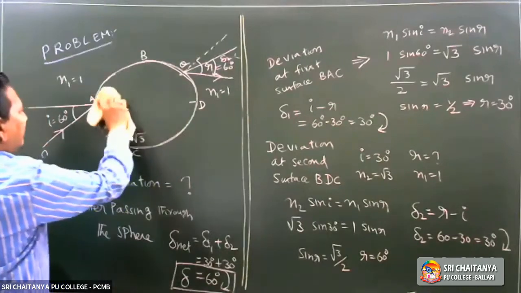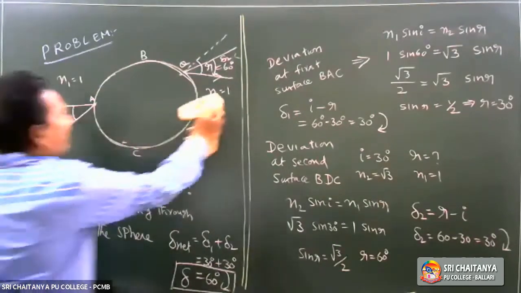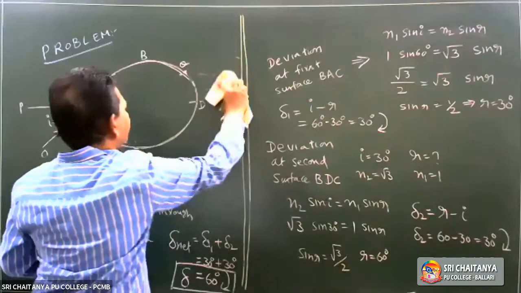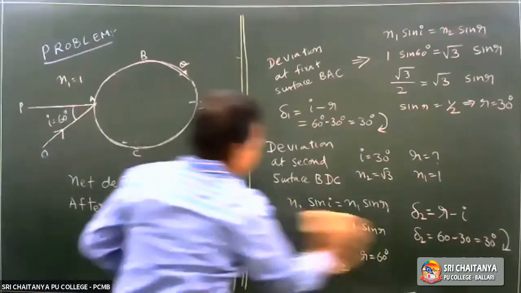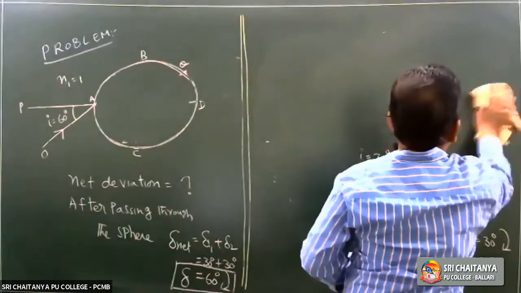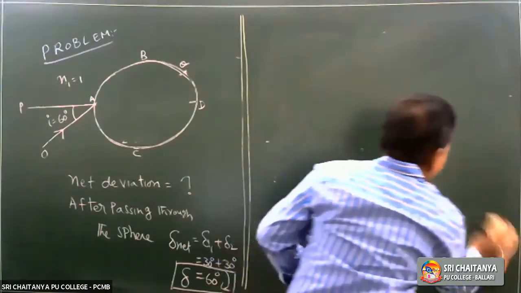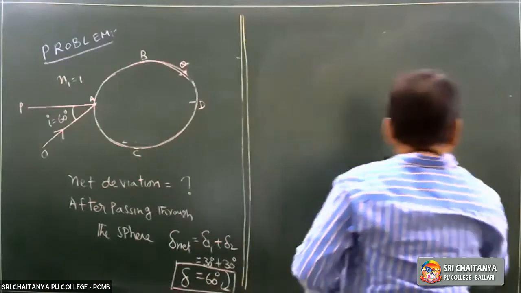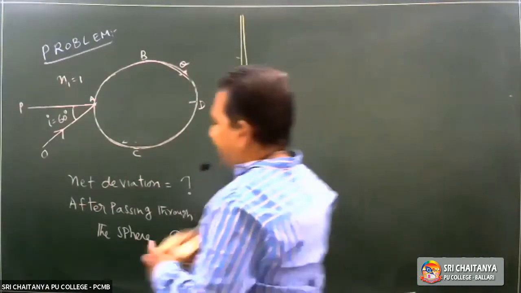One more problem. If you understand this one, this becomes easy. If you understand this problem, the problem which I am going to tell you next, you can understand very easily.